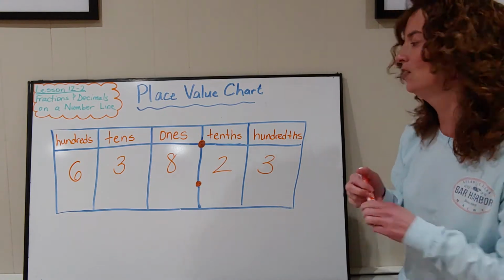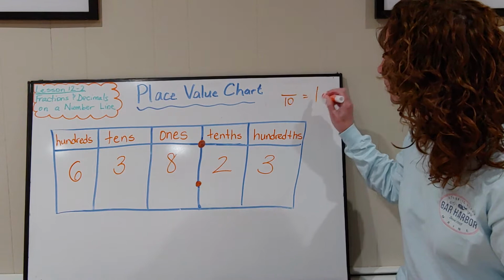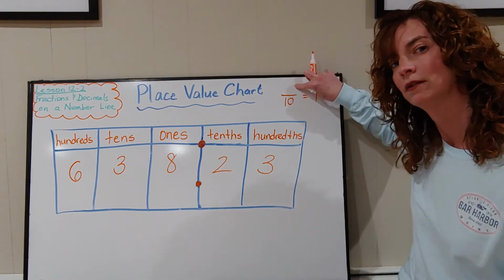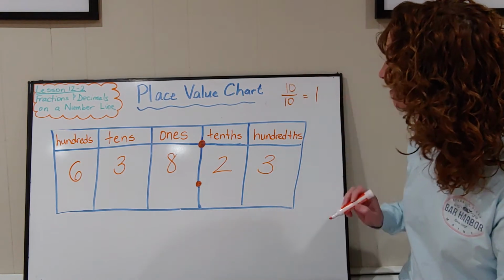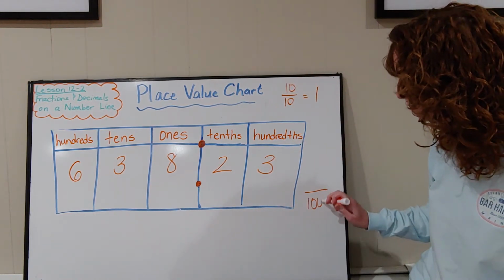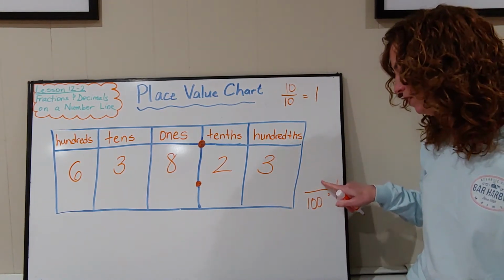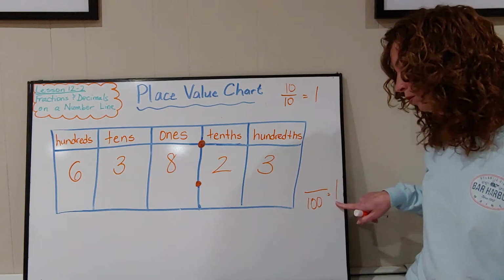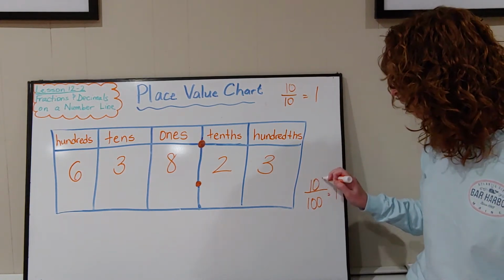So how many tenths are in one whole? So that would be this. What number would go up here? If you said 10, you were correct. And let's see hundredths. So how many hundredths are in one whole? If you said 100, you are correct.